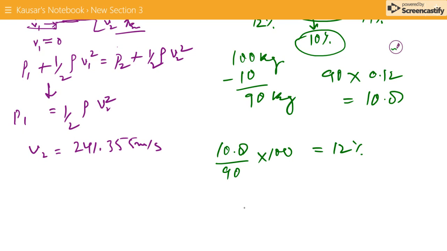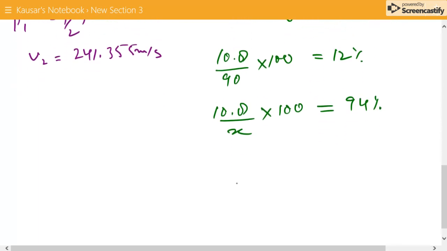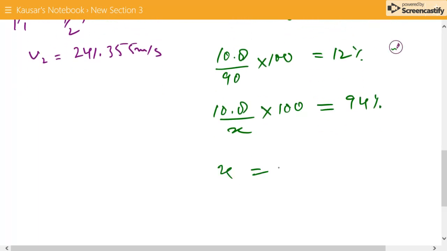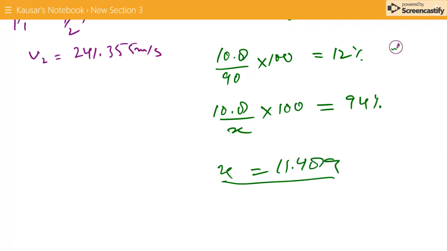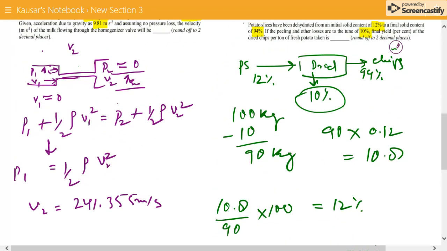So from the left hand side we can say 10.8 upon x into 100 is equivalent to 94%. So from here we can calculate x, which will become 11.489. So 11.489 is the exact answer.